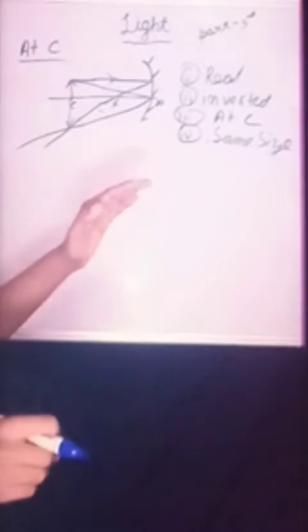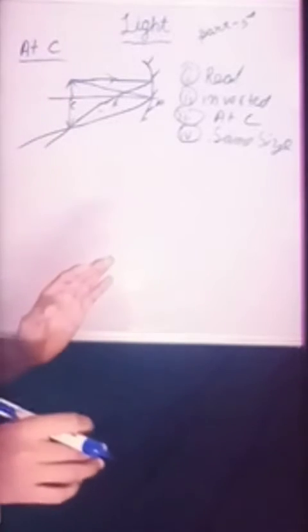Here my image is not correct, but it is at the same position, so it is the same size as the object. You have to make it with a scale and protractor. Then you see that the image height equals the object height.